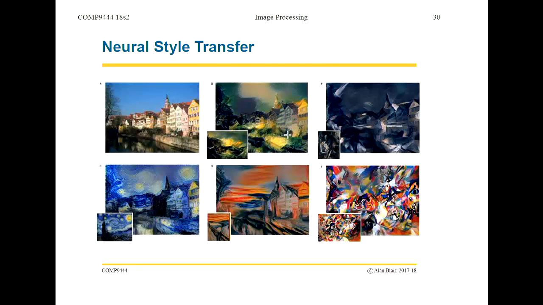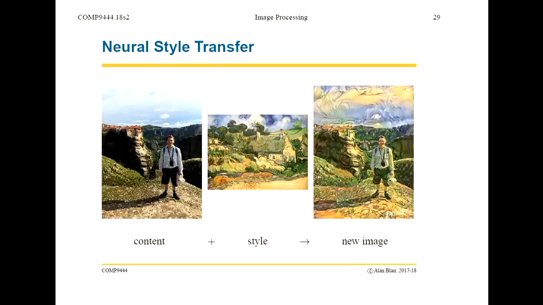The idea here is you take two images and you want to combine the content of one image with the style of another image. This is one that I generated myself. There's a website where you can just upload two images and wait for a couple of hours and they'll send you back the result.